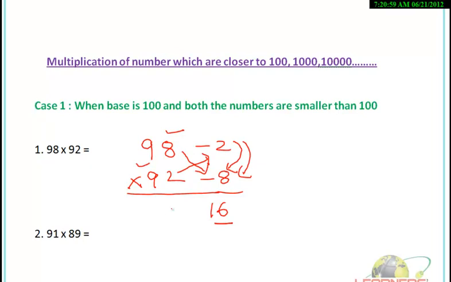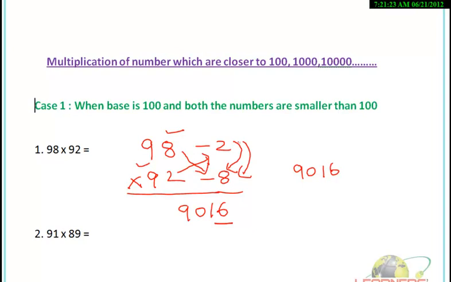So 92 minus 2 or 98 minus 8 in both cases will give us 90. So 98 into 92 will give you the answer 9016. It's very simple friends. You just observe the pattern, visualize the calculation and do it quickly.